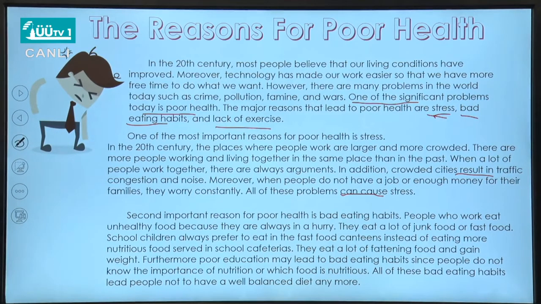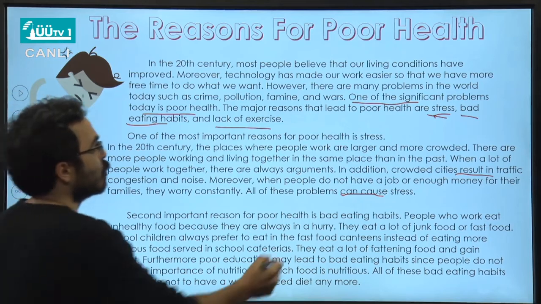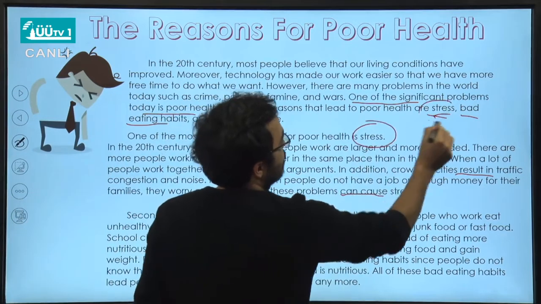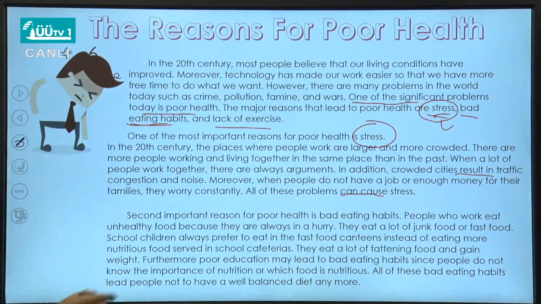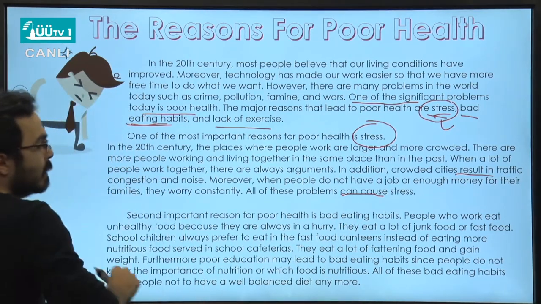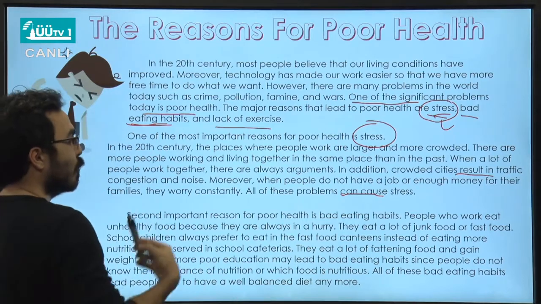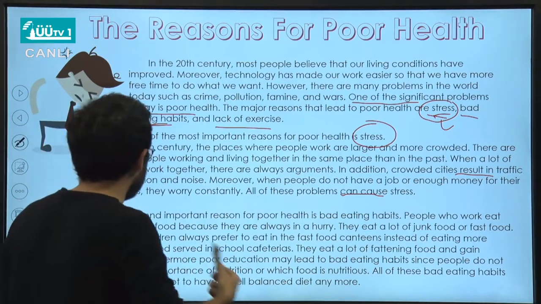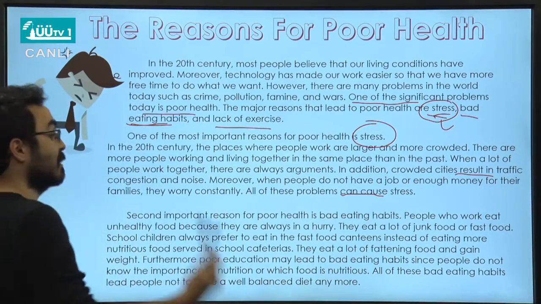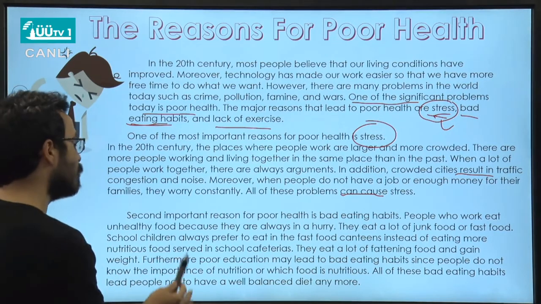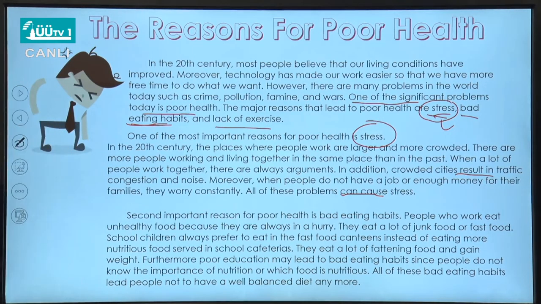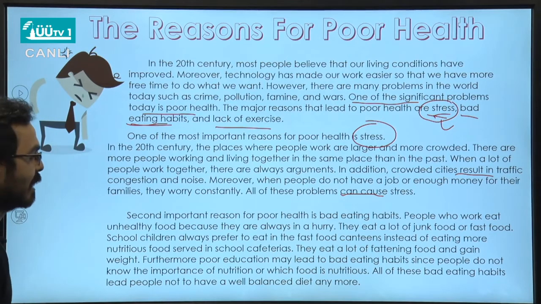Okay. Second important reason. Now we talked about stress here, right? Stress is done. Now let's talk about bad eating habits, right? People eat unhealthy food because they are always in a hurry. They eat a lot of junk food or fast food. Again, this person is giving lots of different reasons. It explains this problem, right? School children always prefer to eat in the fast food canteens instead of eating more nutritious food served in school cafeterias.